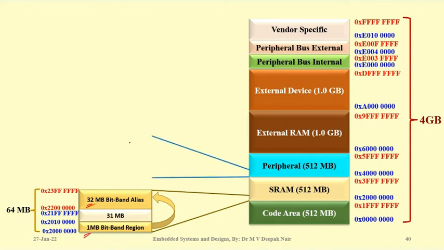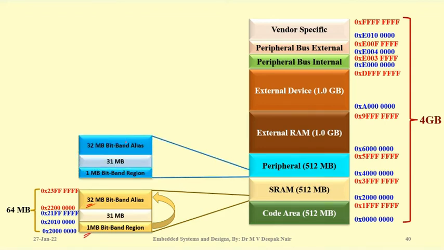Now similarly, there is bit banding available for peripherals also. When we say peripherals, GPIO is a peripheral, your ADC is a peripheral, DAC is a peripheral, timer is a peripheral.